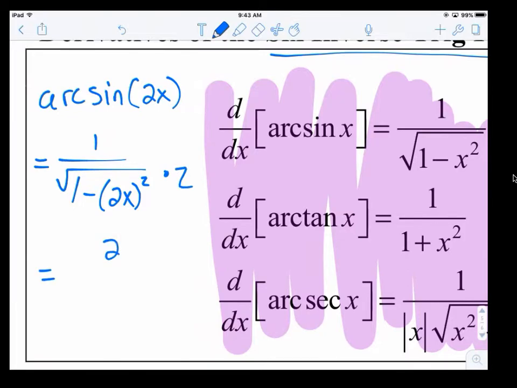So your final answer would be 2 over the square root of 1 minus 4x squared. That 2 comes from the derivative of 2x. So anytime you have something that's not just plain x, you put whatever it is in for the x term there, there, and there.